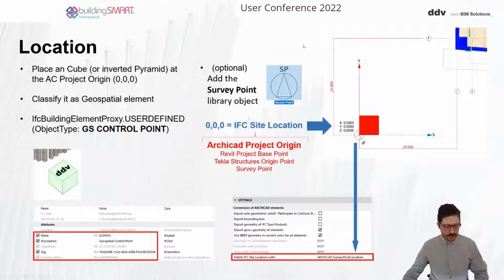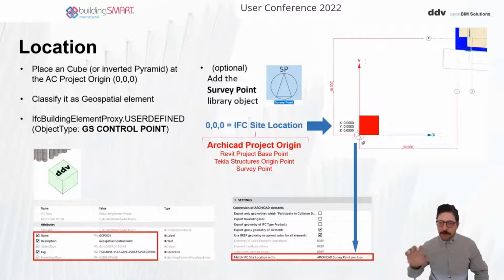Another important object, in this case coming from the ArchiCAD library, is called the survey point. This object will export the coordinates, the customized ones, depending on whether you are geo-referencing or establishing some other customized coordinates within your model.